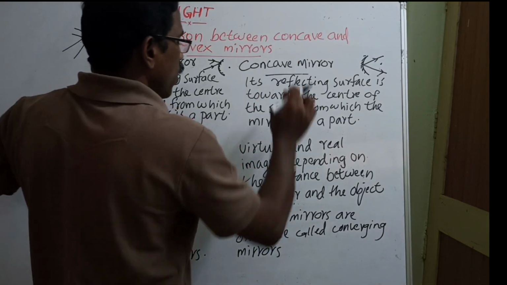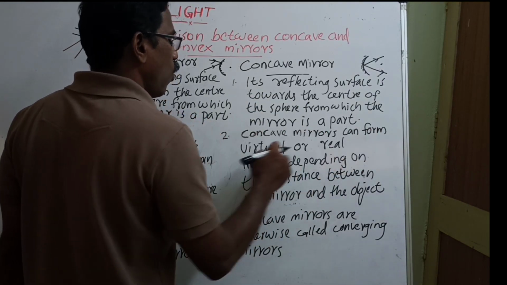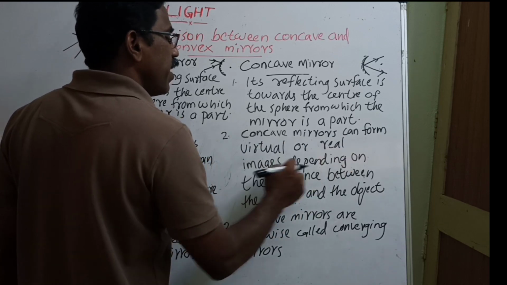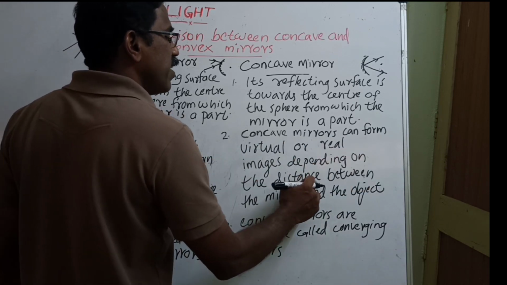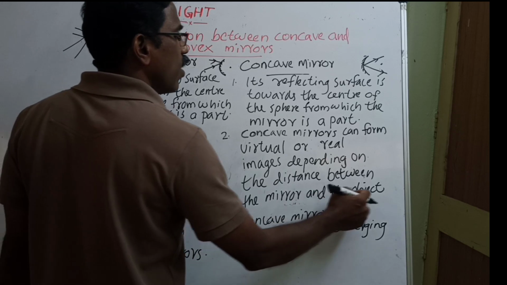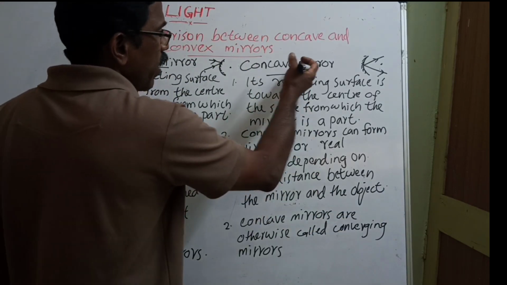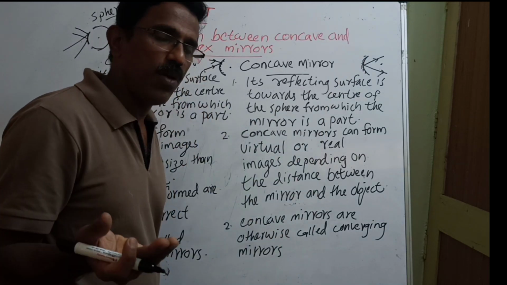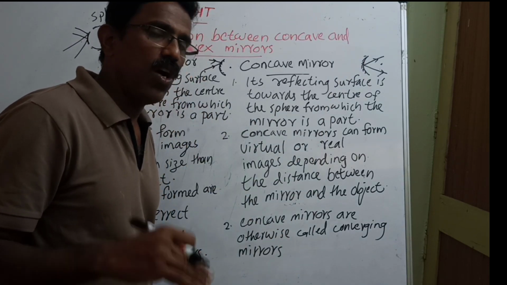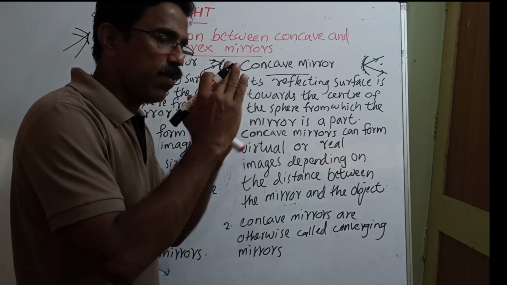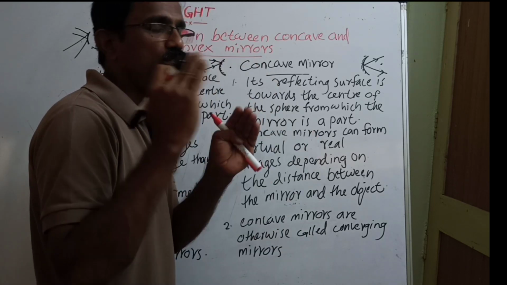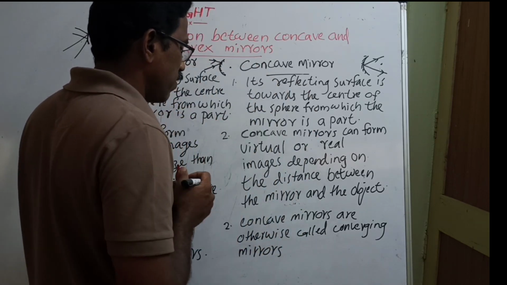But a concave mirror can form virtual or real images depending on the distance between the mirror and the object. So both types of images are formed.